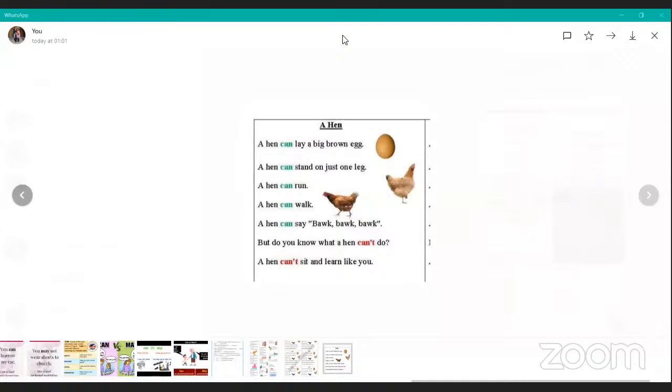And when you write down the poem, you can underline the word can and can't. Underline them.